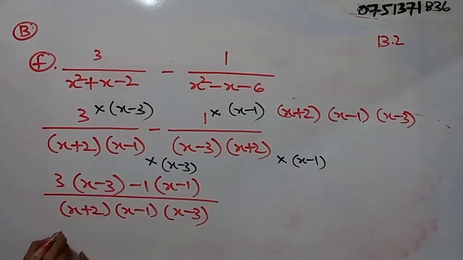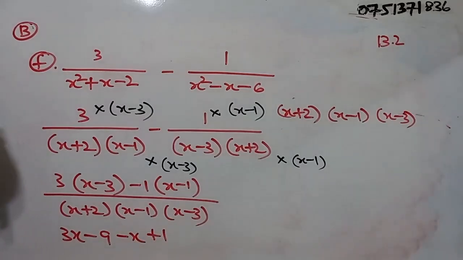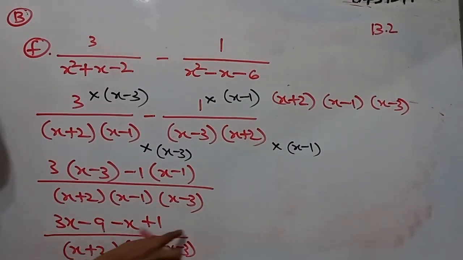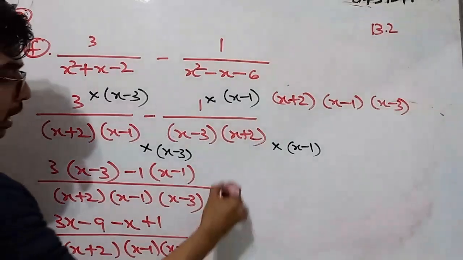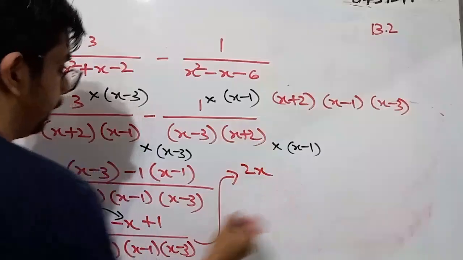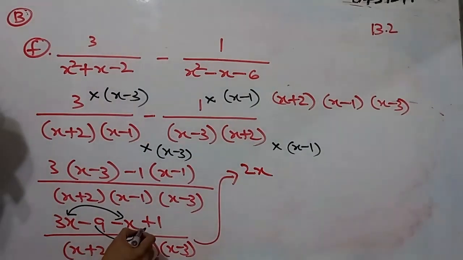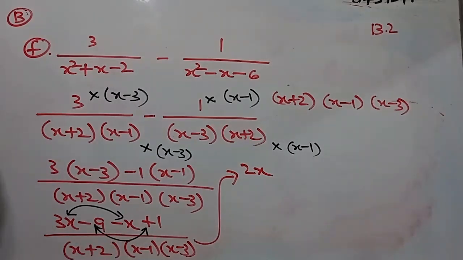So we can simplify the brackets. 3x minus 9, negative x plus 1. Okay. So here this entire expression needs to be divided by x plus 2, x minus 1 and x minus 3. Right. So we can continue from here. So we can simplify some of the terms here. So here we have 3x and negative x. So what should be the outcome? It should be 2x. Right. Then we have these two numbers, negative 9 and plus 1.